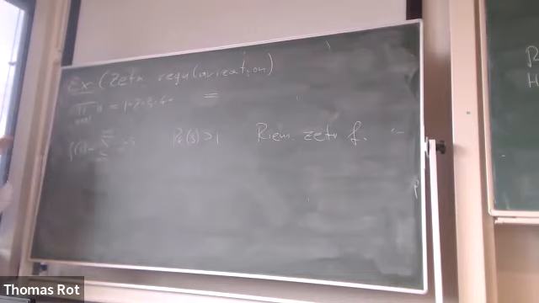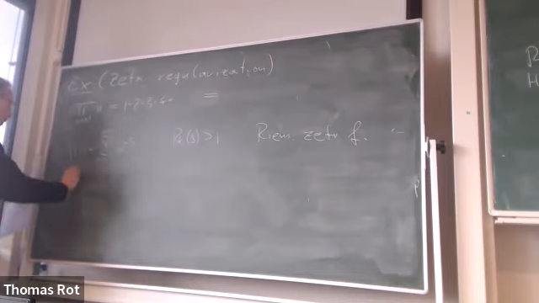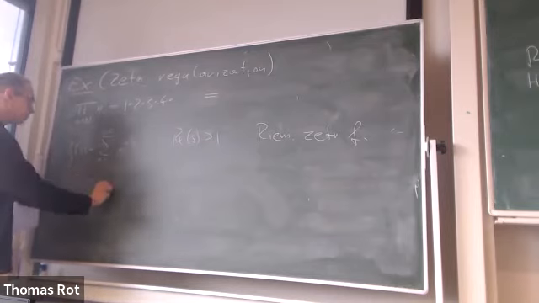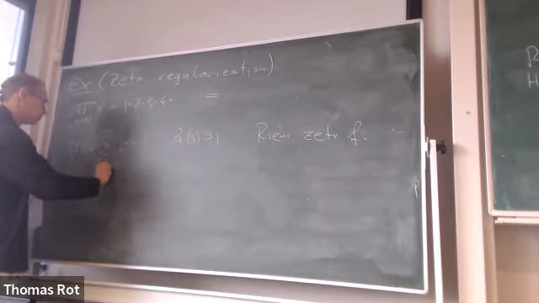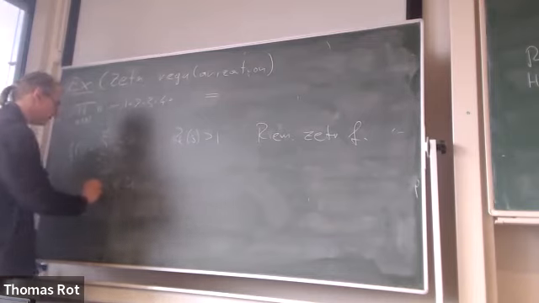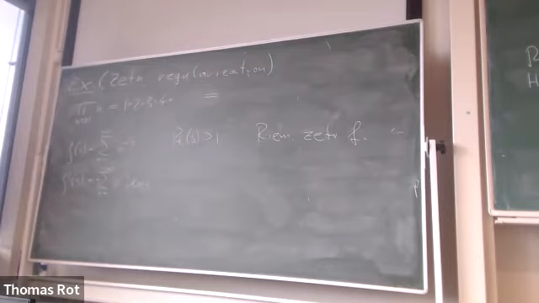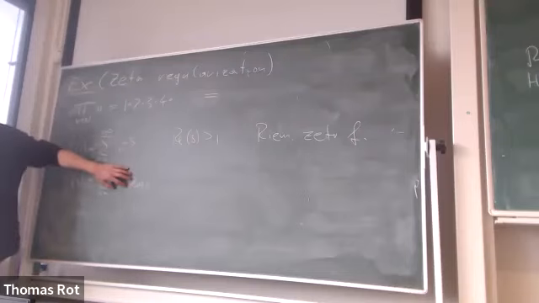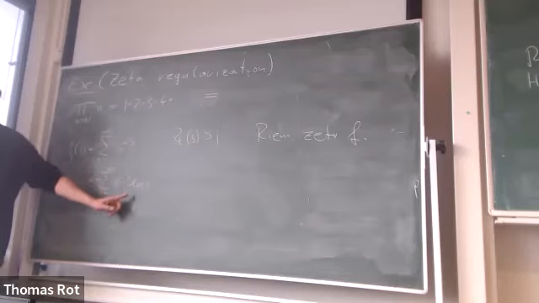And the idea is to differentiate that, the derivative of the zeta function. If you differentiate that, you get the logarithm of n times n to the minus s. So this is rigorous as soon as the real part of s is larger than 1. But if you now formally put s to 0 here, then this term disappears. You get the sum over the logarithms, which is the logarithm of the product.